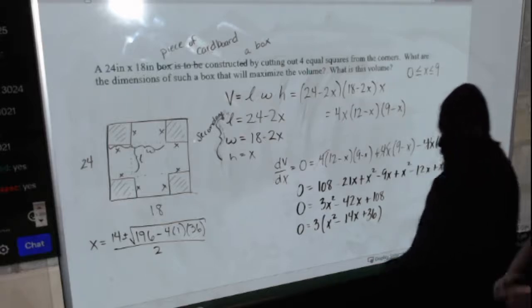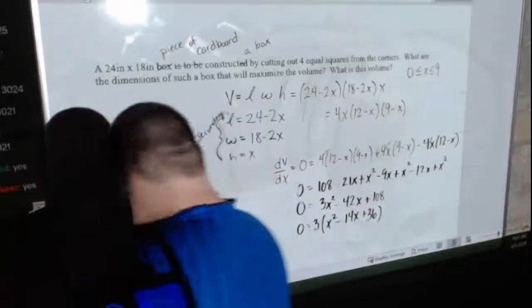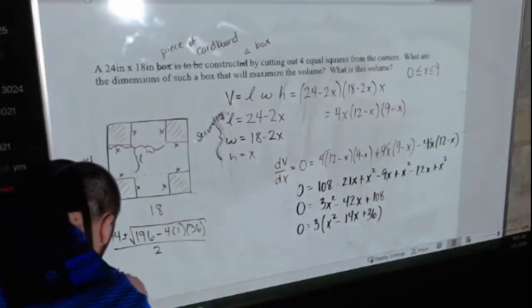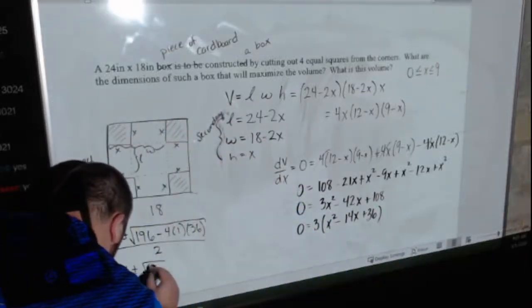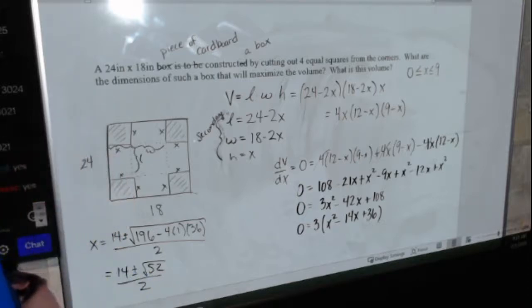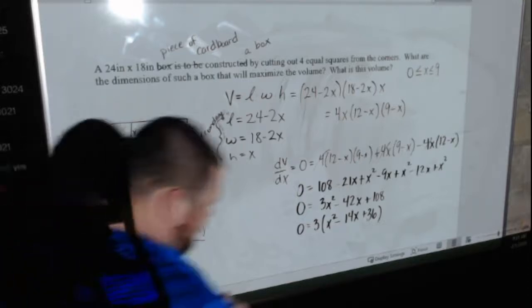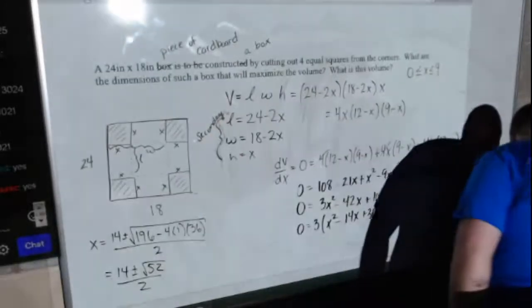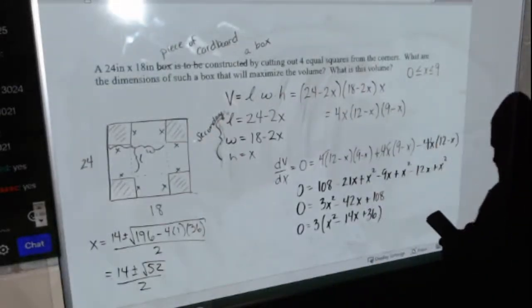So 14 plus or minus square root 52 all over 2. 52. It's got to have a perfect square hidden in it somewhere.